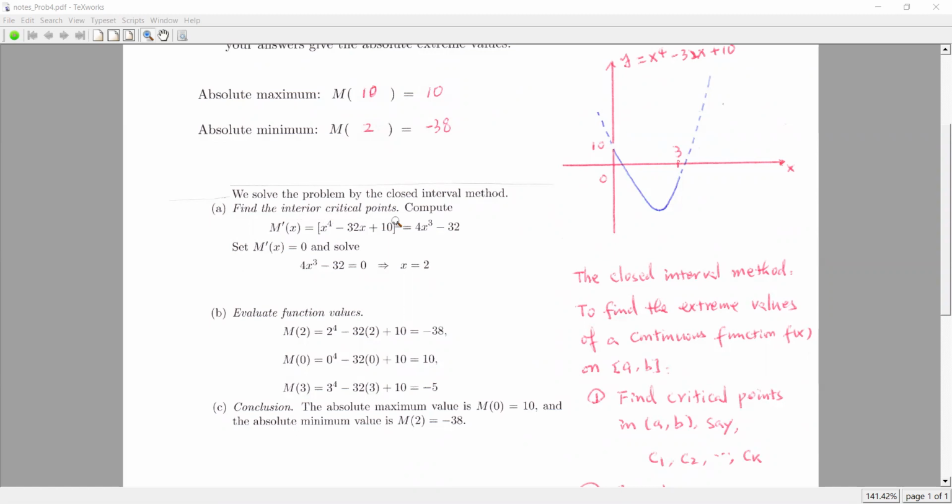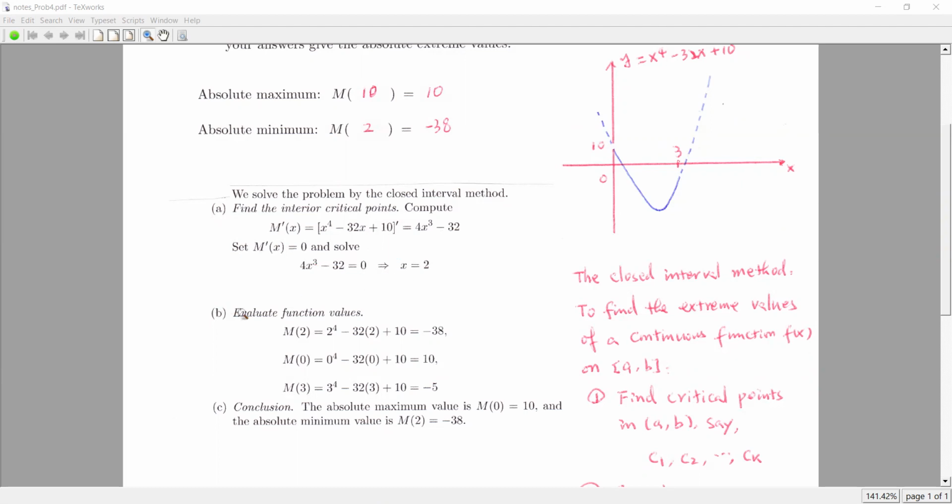So to find critical points, I compute derivative on the function. The derivative is this. Set derivative to 0 and solve this equation. Then I have one critical point. This point is between 0 and 3, inside the given interval.